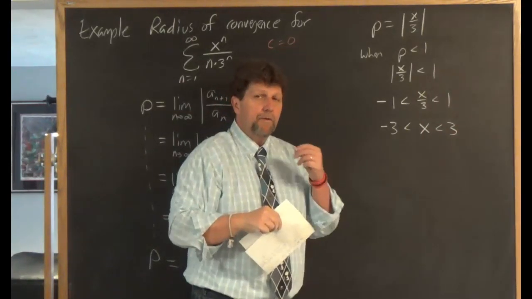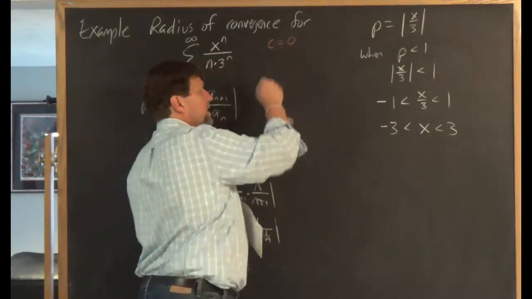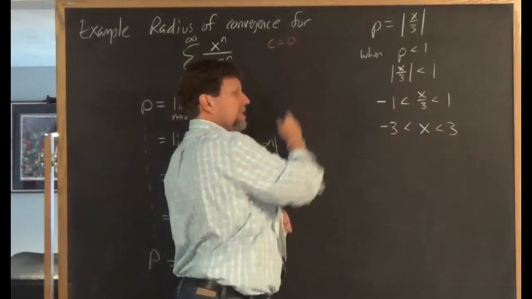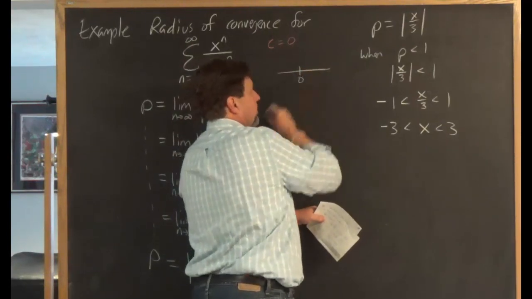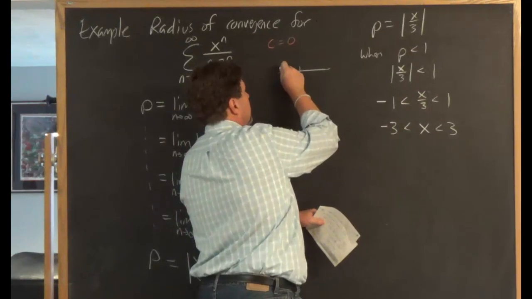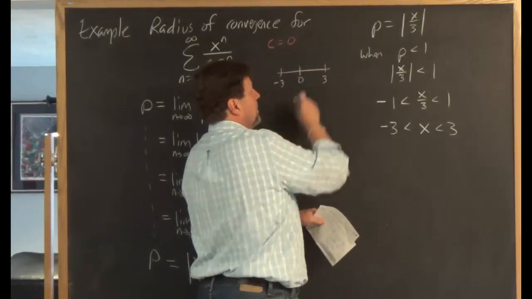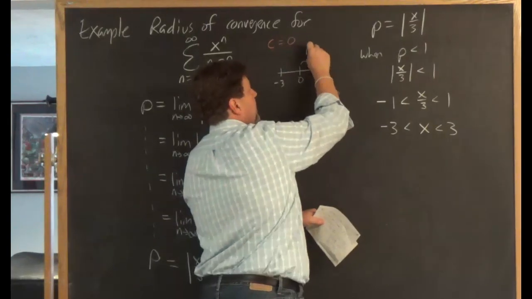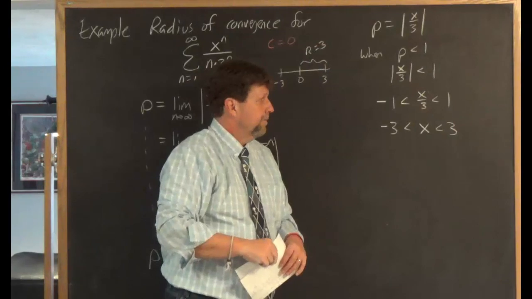That tells me my radius of convergence is 3 because I'm centered at 0. That's why I made this a note initially. I'm centered at 0. For any x's from -3 to 3, that tells me my radius of convergence is 3.